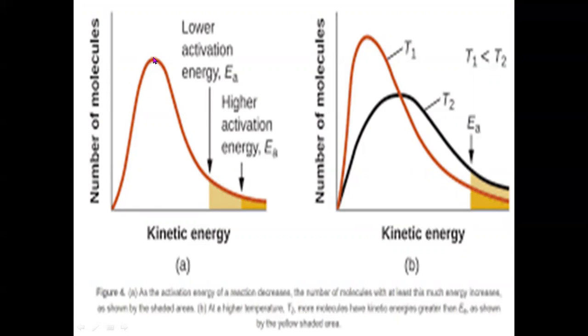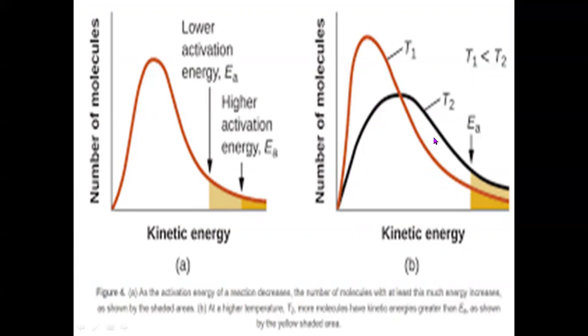Energy from this point, that is the peak, to this is called activation energy. Here two graphs are again compared. This is for T1 and this is for T2. This is for lower temperature, this is for higher temperature.